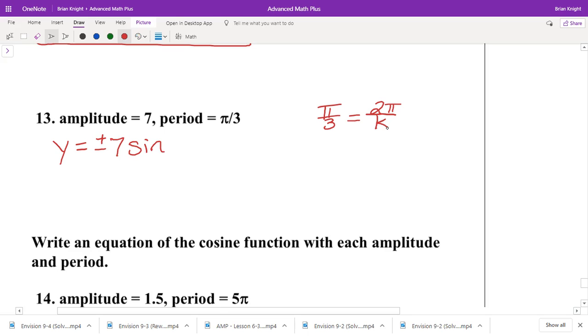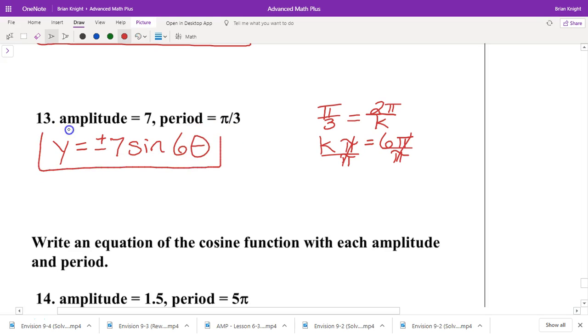Pi times k is pi k or k pi, however you want to say it. 3 times 2 pi is 6 pi, and I divide by what to get k by itself? Divide by pi. K is 6, so 6 theta. Any questions?